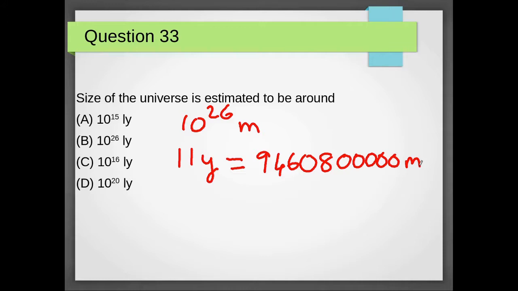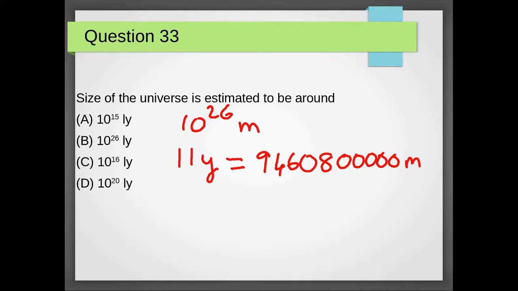To find out this number, you have to multiply 3 lakh kilometers per second, which is the speed of light, into 3600 seconds in an hour, multiplied by 24, which is the number of hours in a day, multiplied by 365, which is the number of days in a year, and this has to be converted to meters.